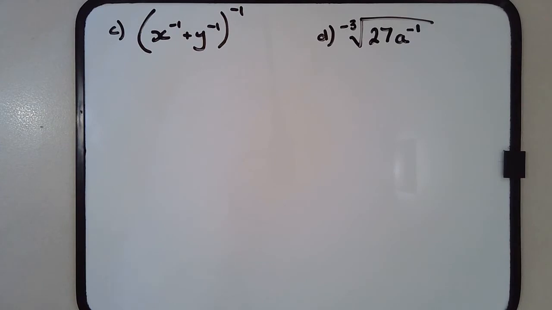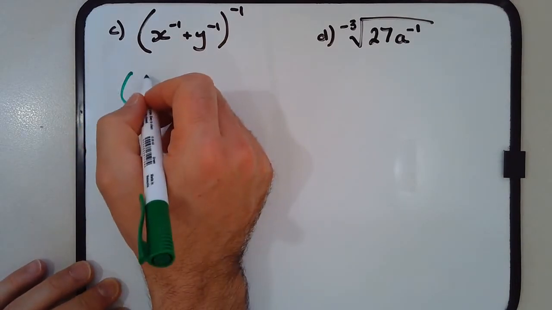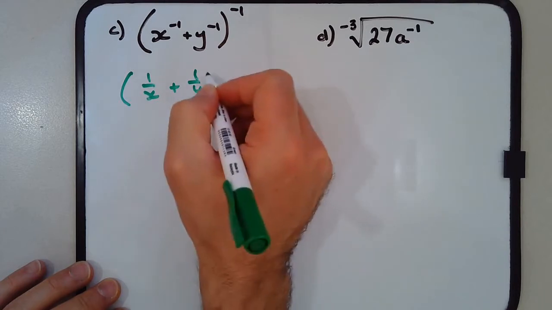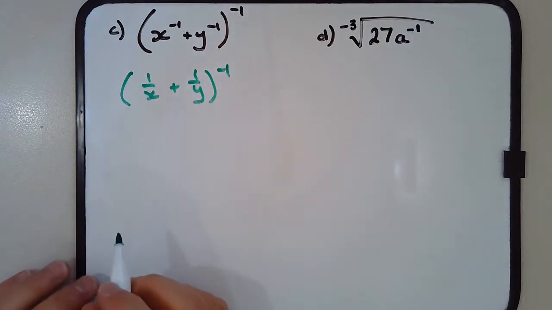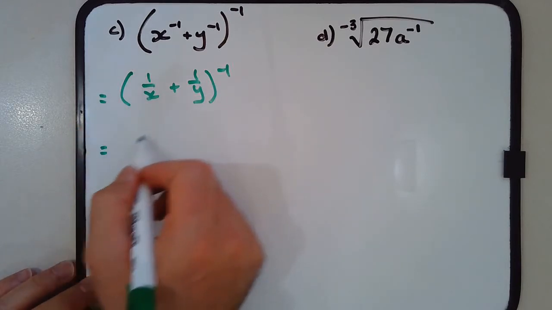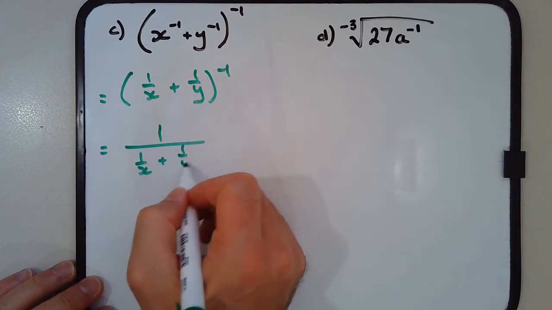Okay, so expressing this with a positive index. Let's see what's going on here. So this is really just 1 on x plus 1 on y, to the power of -1. So this is 1 over 1 on x plus 1 on y.